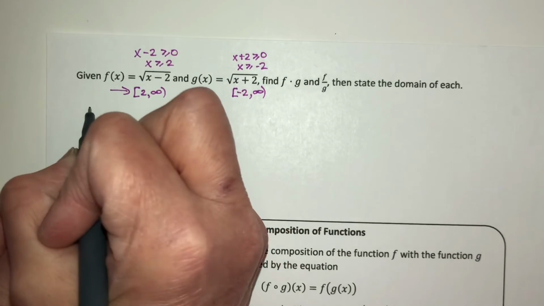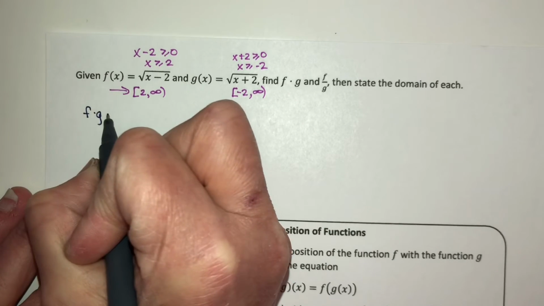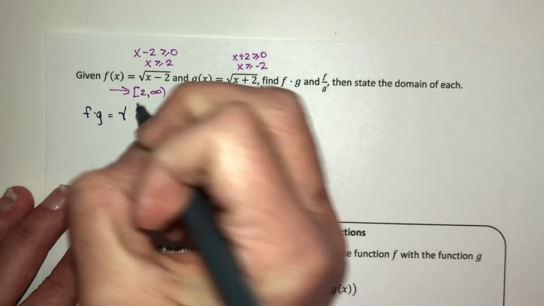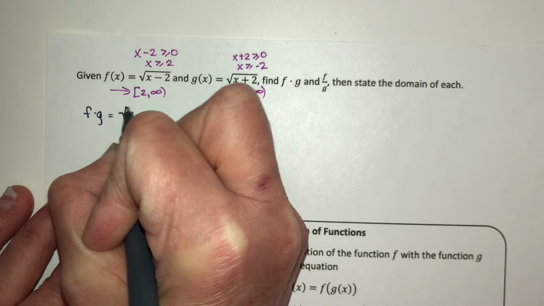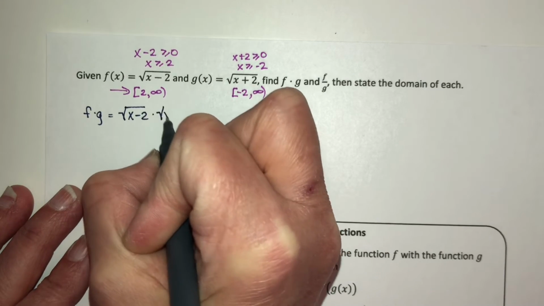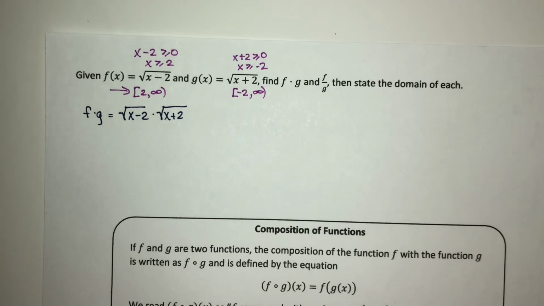Okay, so let's find f times g. Well, that will be the square root of x minus 2 times the square root of x plus 2. That's generally how they're going to want you to leave your answer. You are allowed to multiply underneath square roots, in which case you would have a difference of squares and you can combine it and simplify it a little bit, but it's not getting you any further along.